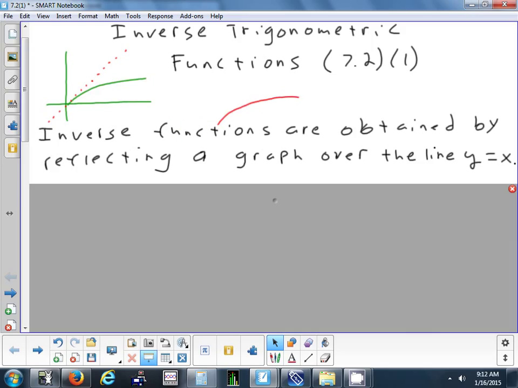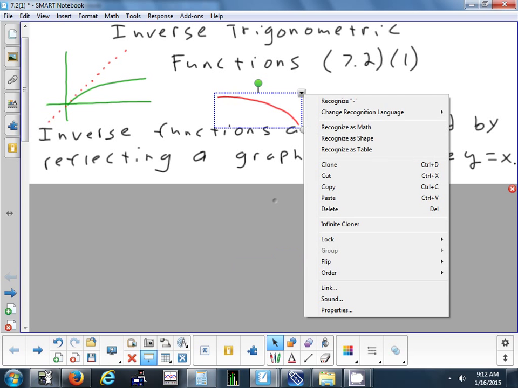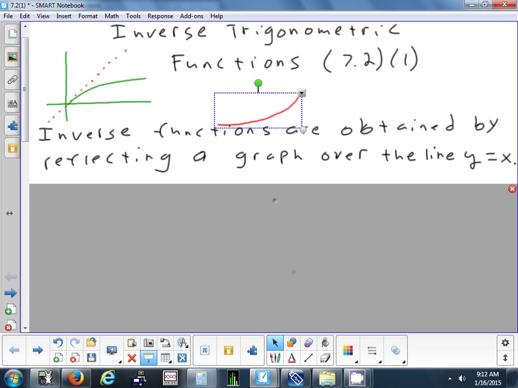And the way I can reflect that over the line y equals x, let me see if I can try to do it. If I can't, I'll sketch it by hand. You just rotate it. That's not quite what I was looking for. Let's just get rid of it. So what happens with an exponential is it goes like this.